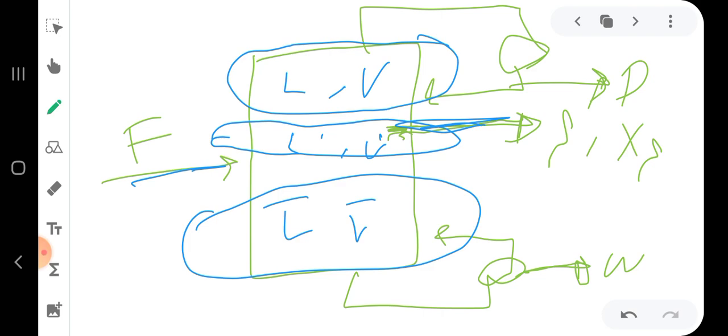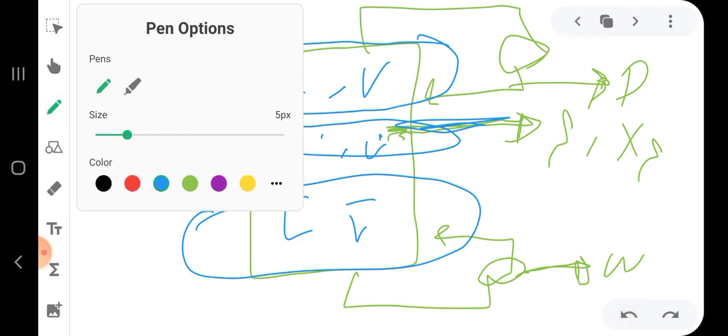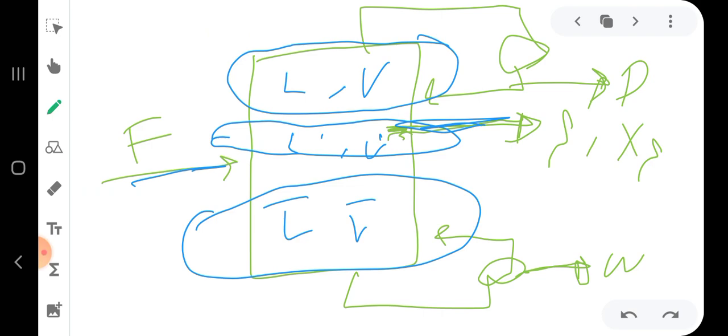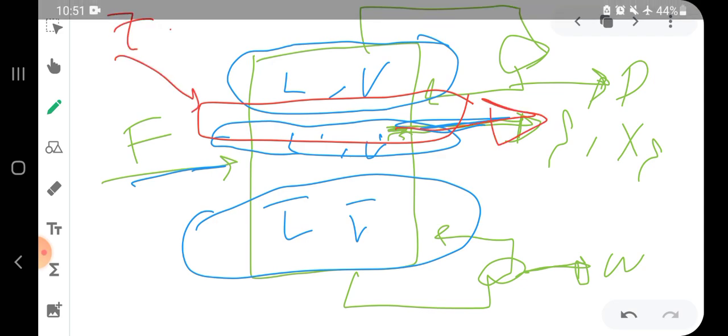For example, let's take this, let me do it in a different color. So the intersection between these two sections with the side stream.